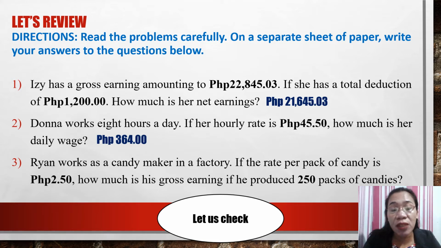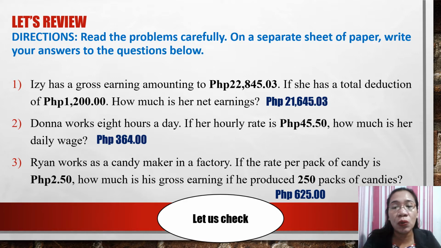Simply multiply 250 packs to the rate of candy per pack, which is 2 pesos and 50 centavos. So 250 times 2.5 is, okay, 625 pesos. That is Ryan's gross earning. That is for our previous lesson.